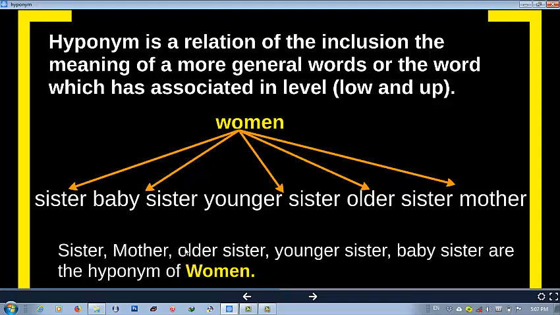Alright, and so we go to have some more examples to explain the hyponym word, to make it clear, not confusing, what the hyponym is, what the up word is, and what the low words are. Alright, okay, here we go.